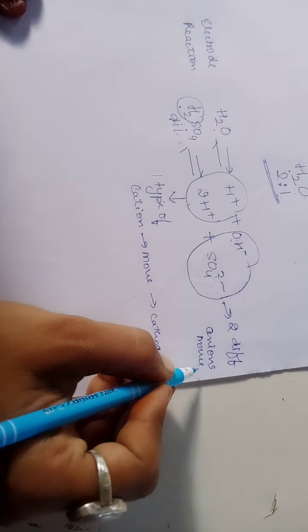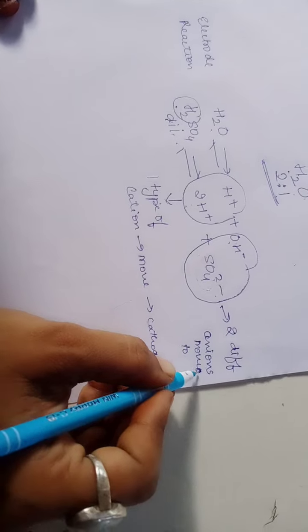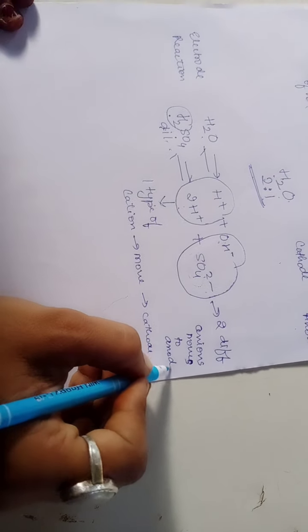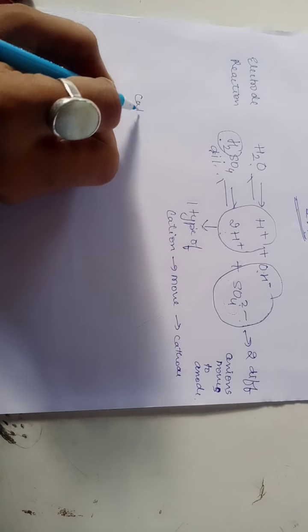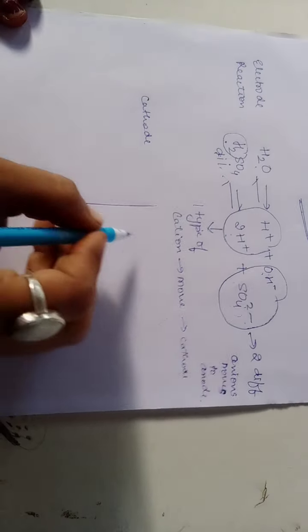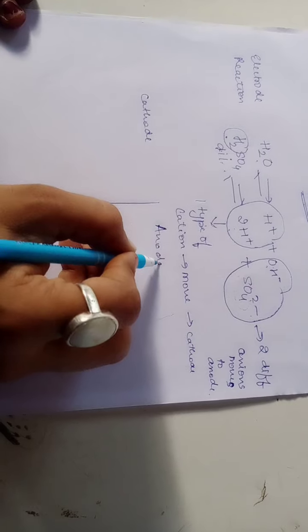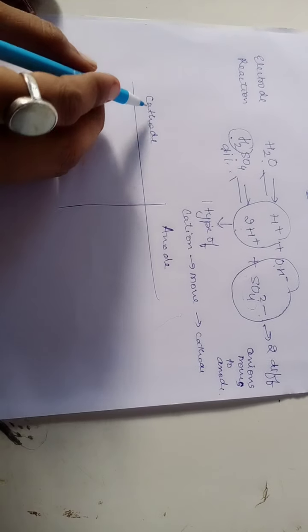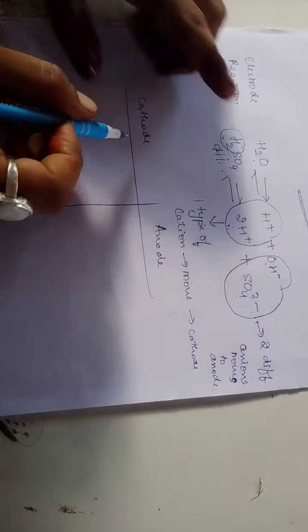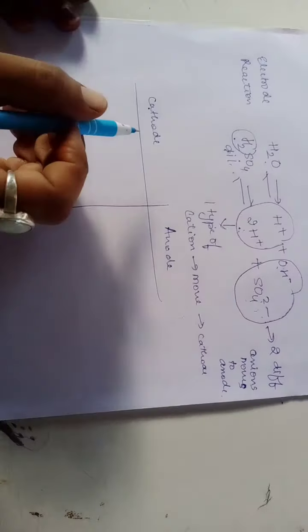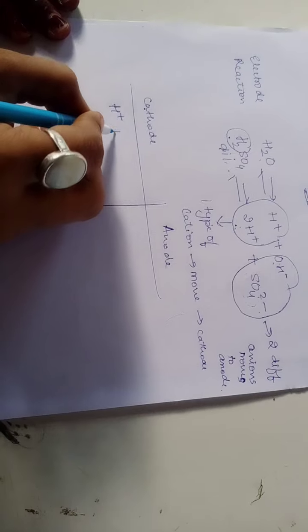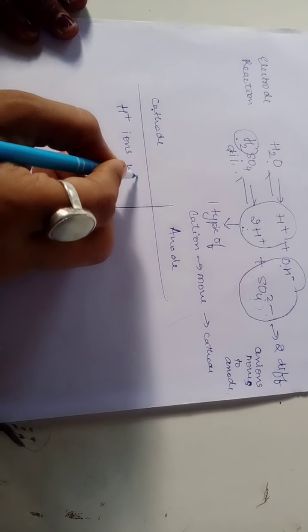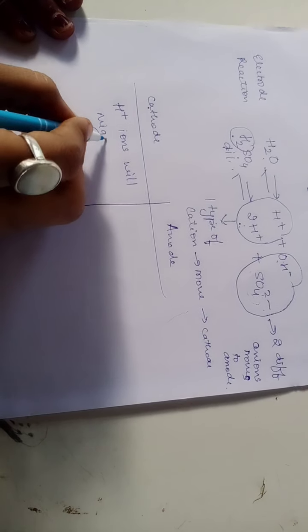The anion will move to the anode. This we have already done. So at the cathode and at the anode, what will happen? At the cathode, who will migrate? H plus ions, because there is only one type of positively charged ion present here, that is H plus. So H plus ions will migrate.